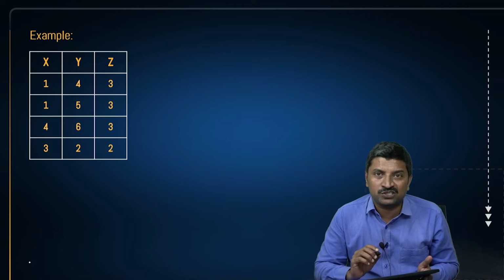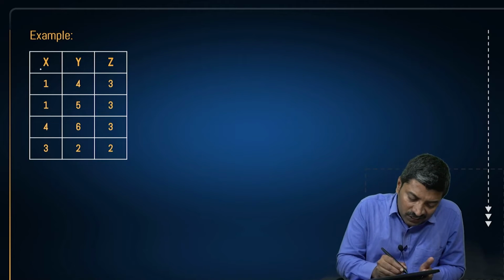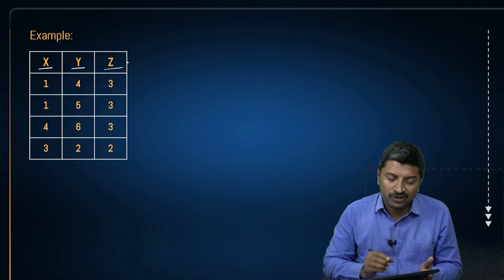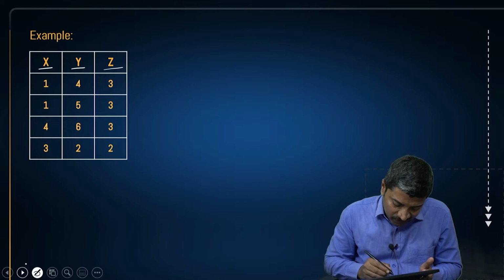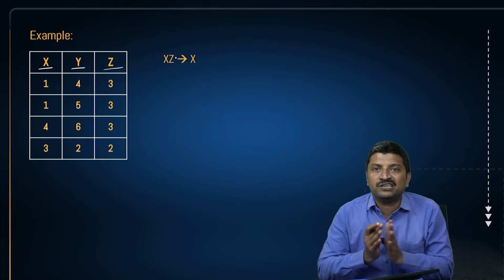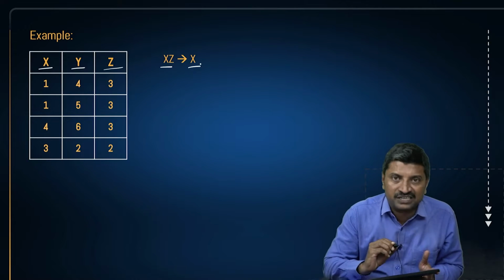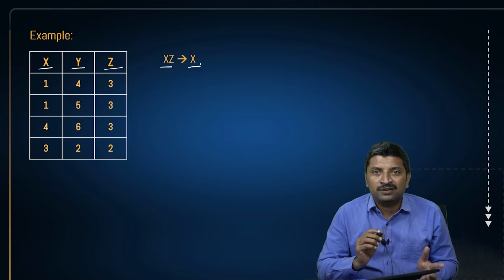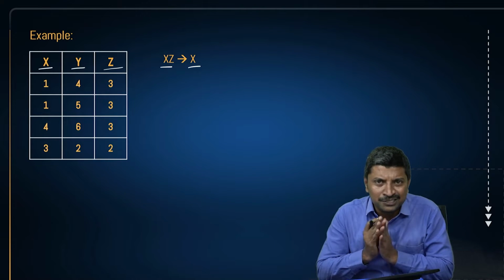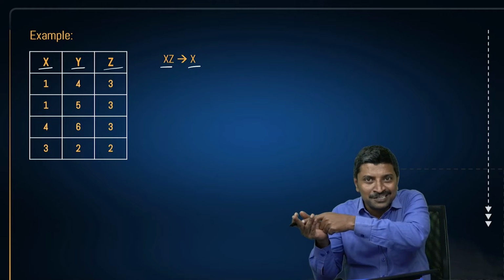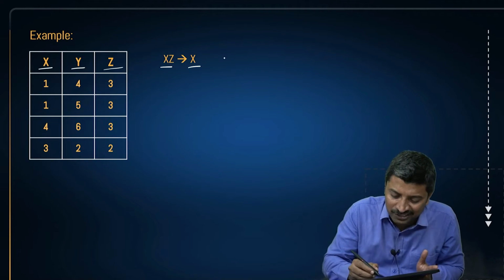Let us take one more example. Suppose my relation is having three attributes x, y, z. Okay. Let us verify some functional dependencies. The first functional dependency we are going to verify is xz implies x. Now the question is, is it needed to verify this, sir? No. Why? The right hand side is clearly a subset of the left hand side.